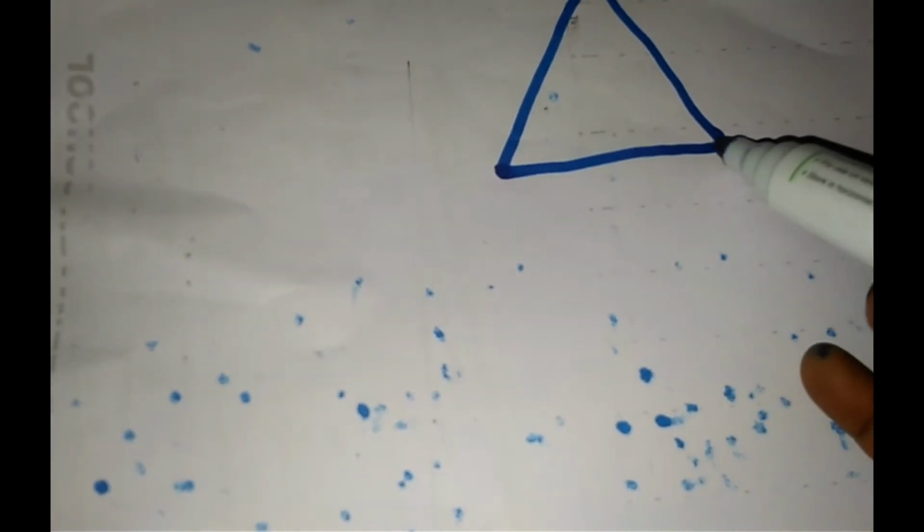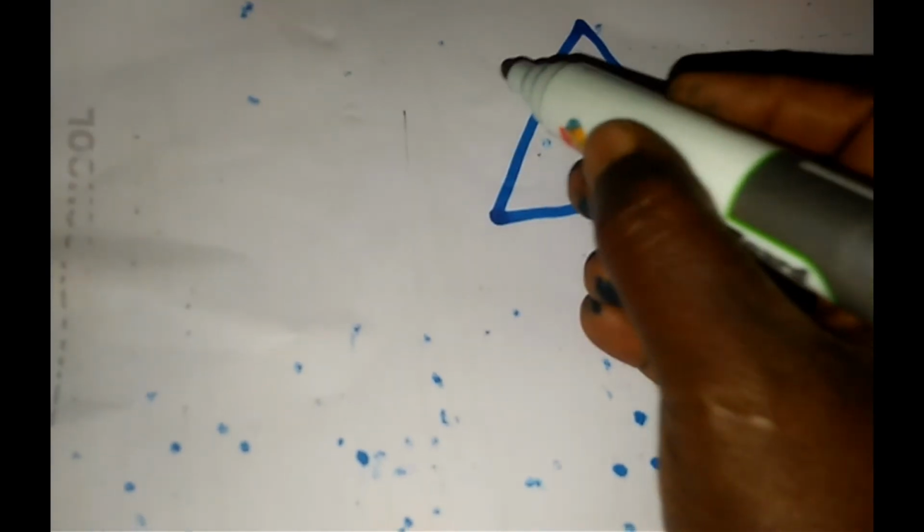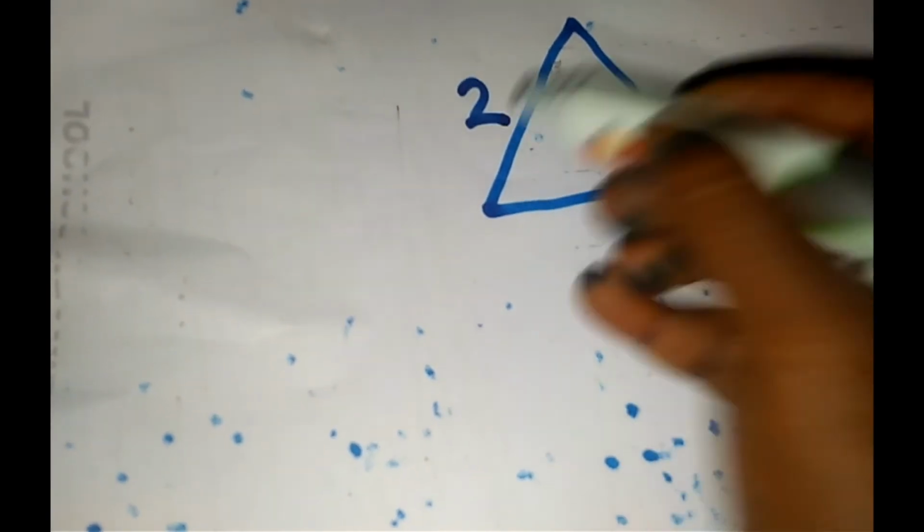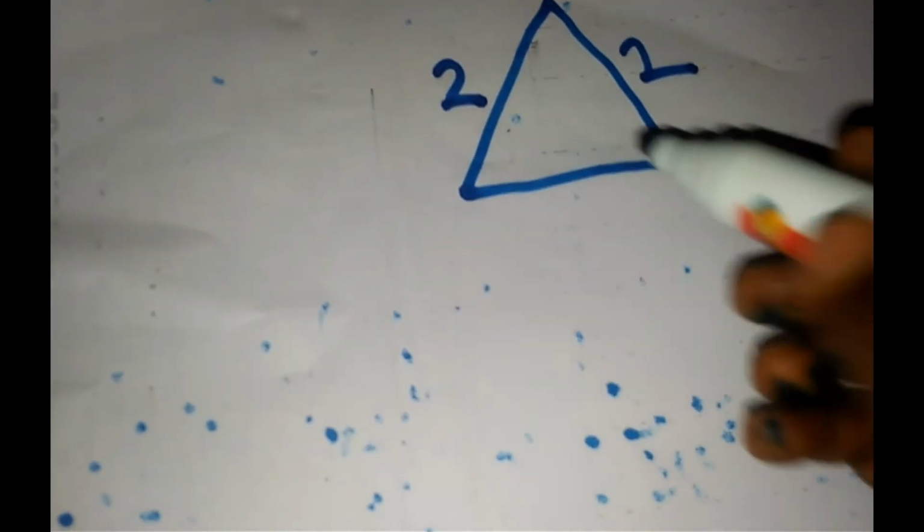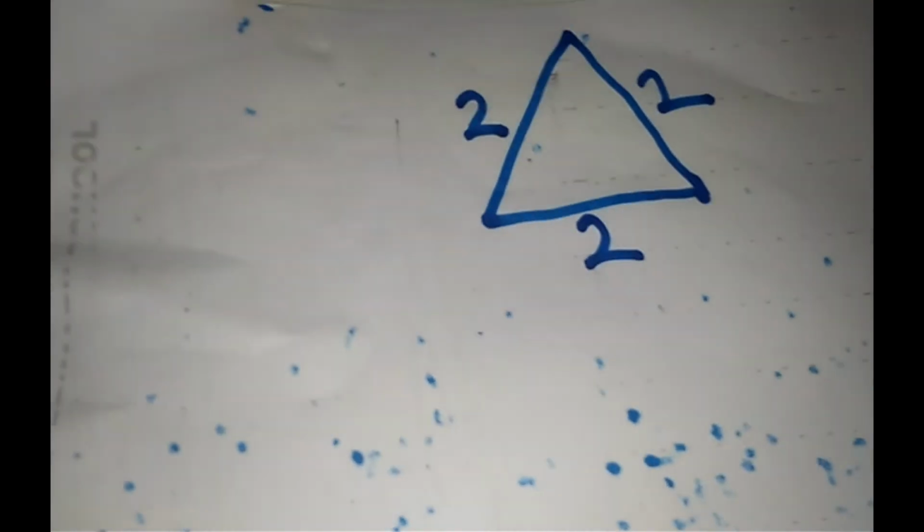Now say we're given an equilateral triangle with sides 2 units, and an equilateral triangle has all sides equal. Which means if we have 2 units here, we are going to have 2 units here, and we'll have 2 units here.